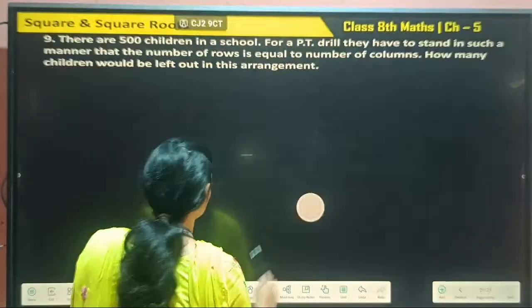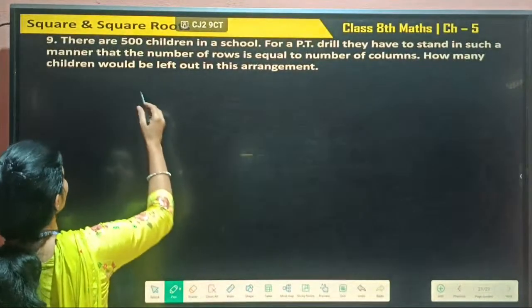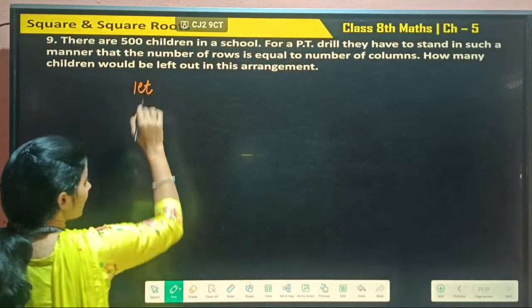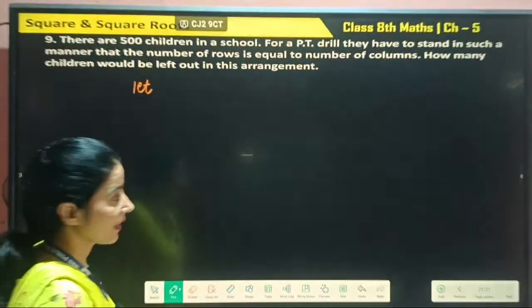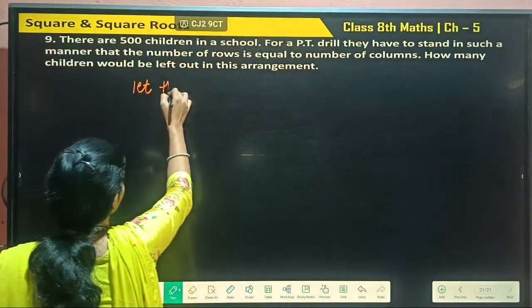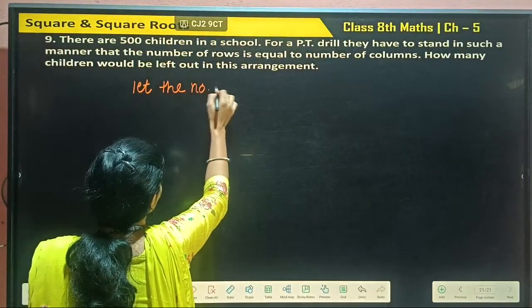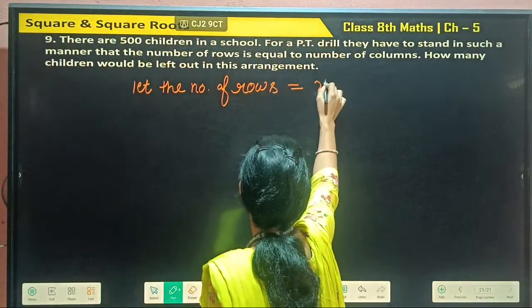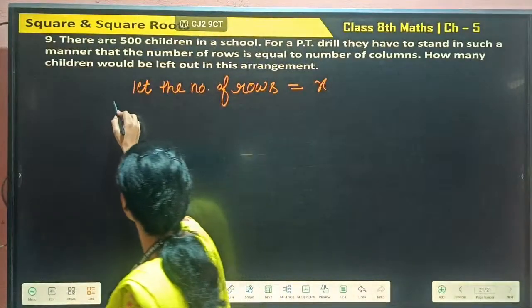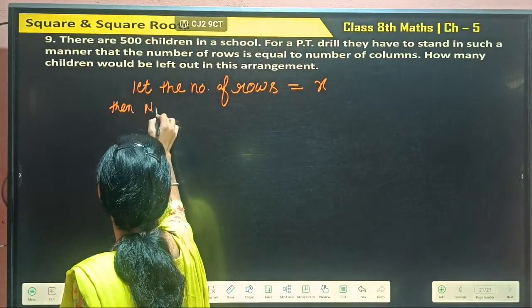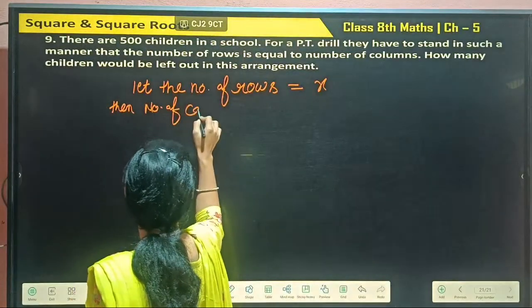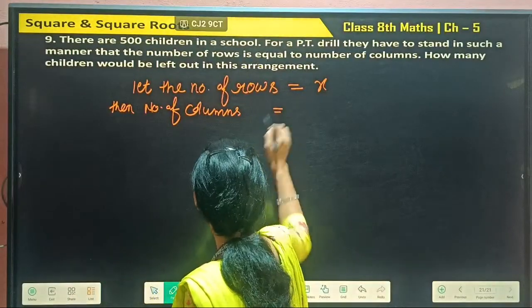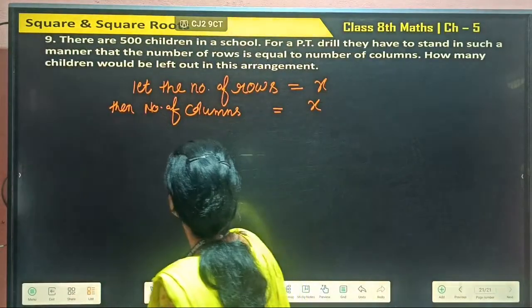First of all, consider that the number of rows is x, and then the number of columns will be x.